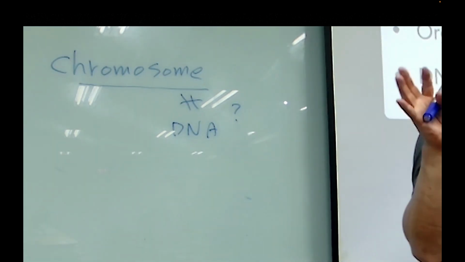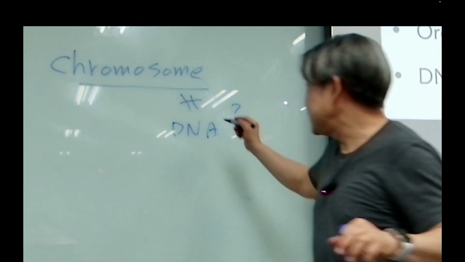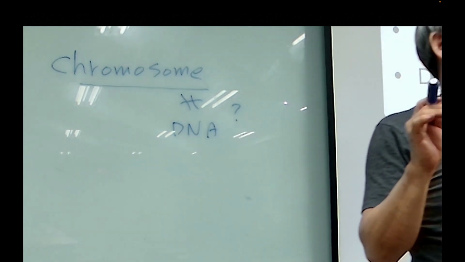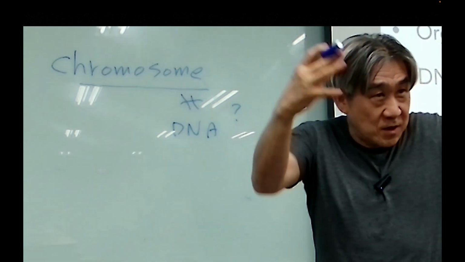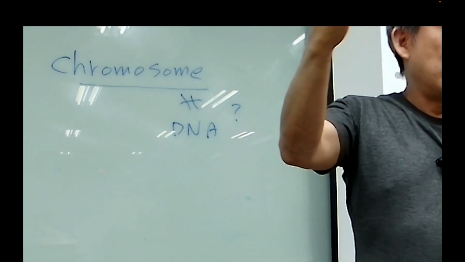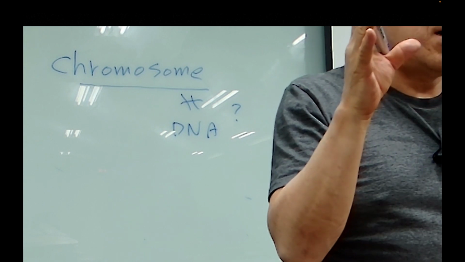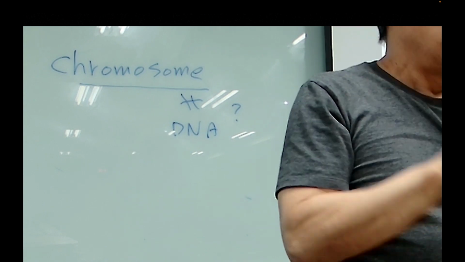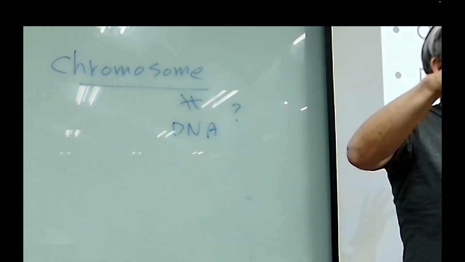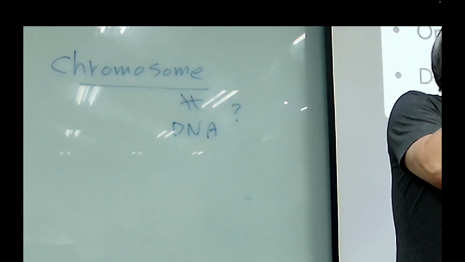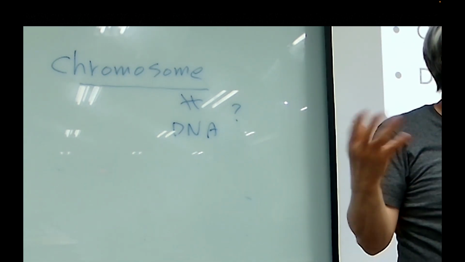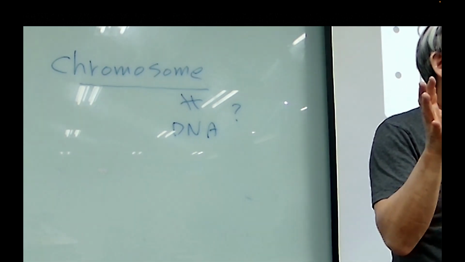DNA equals chromosome? DNA is not equal to chromosome. Chromosome contains DNA, fine, right. But chromosome also has an additional component, which is protein. Half of the entire structure of a chromosome is contributed by proteins, and half is DNA.